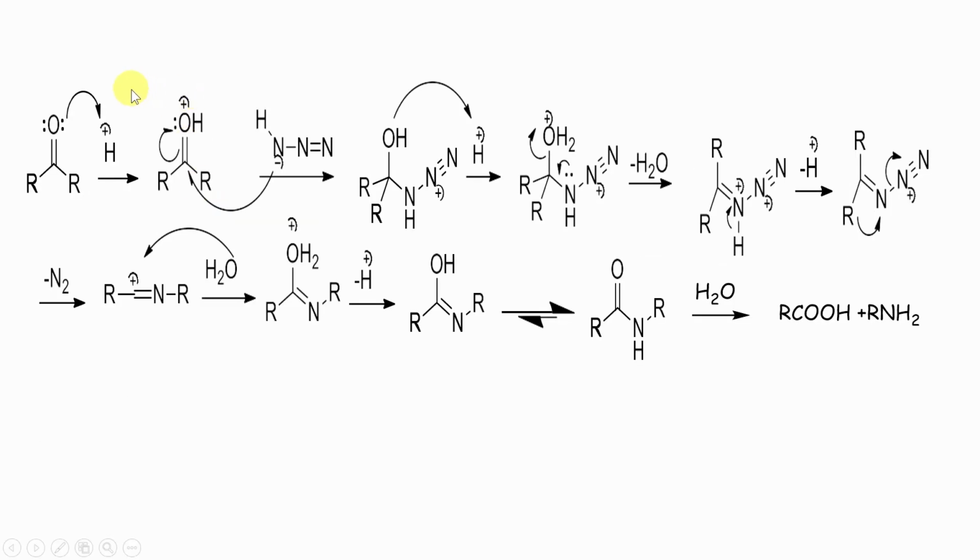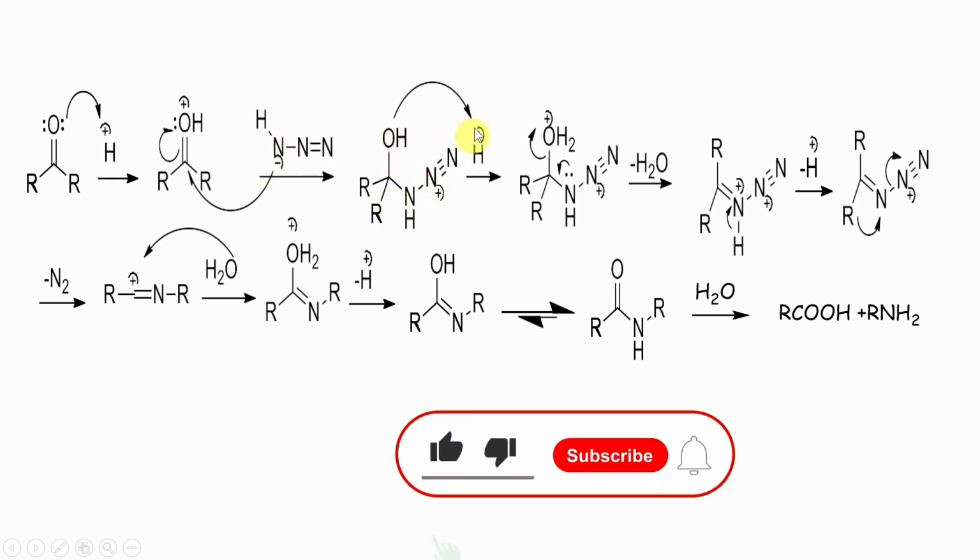See, this is the mechanism if the Schmidt reaction takes place with a ketone. This ketone, in the presence of hydrazoic acid, is first protonated, and then with hydrazoic acid we will get this cation, and it is protonated to form this protonated alcohol.